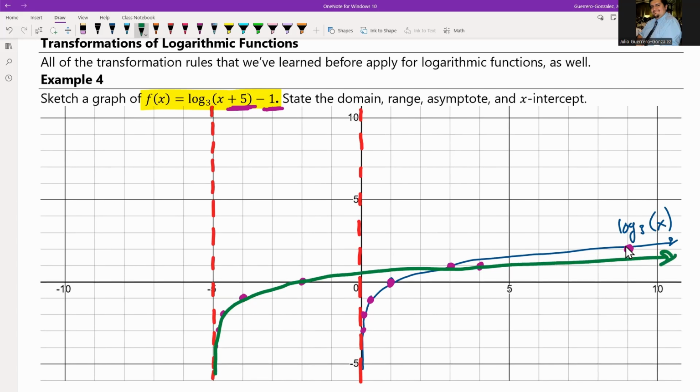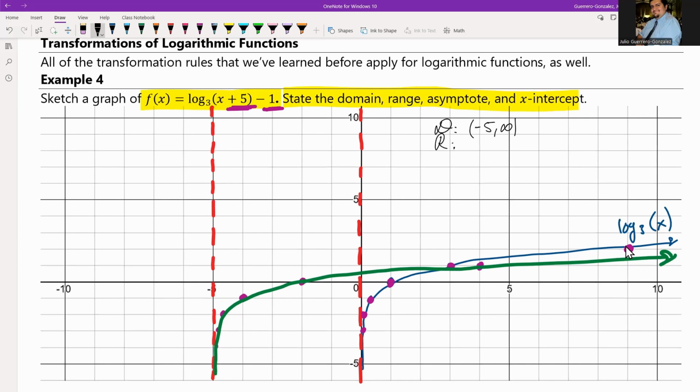Okay, last three things that we need to do: state domain, range, asymptote, and x-intercept. Domain. As you can see, my asymptote got moved over to -5. So my domain is going to be -5 to infinity.